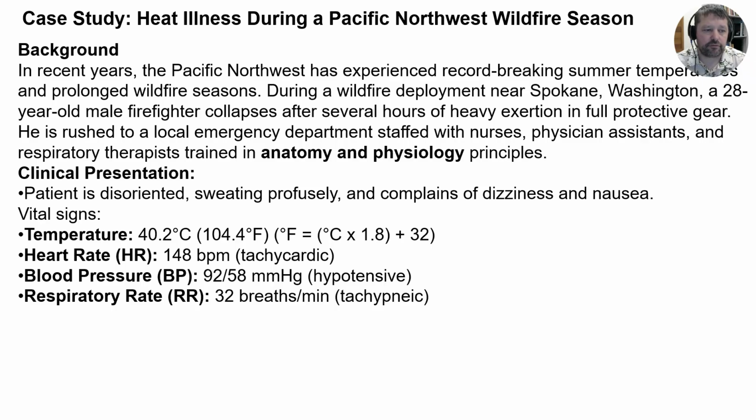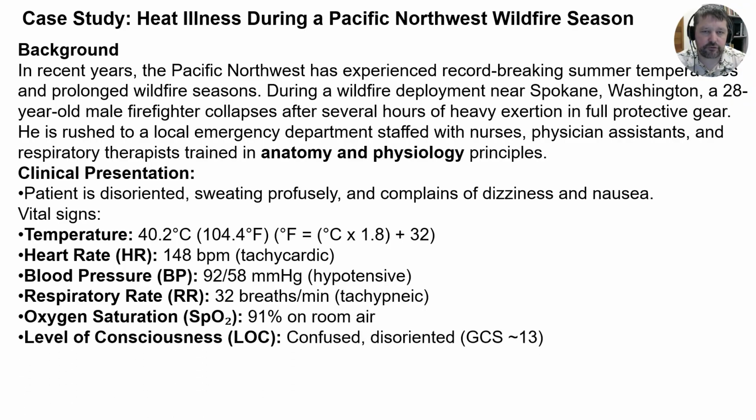Now, if you're not familiar with these, don't worry. As we progress through the course, we'll talk about tachycardia and hypotension and hypertension, etc. Oxygen saturation is 91% on room air. His level of consciousness, or LOC, is confused. He's disoriented.